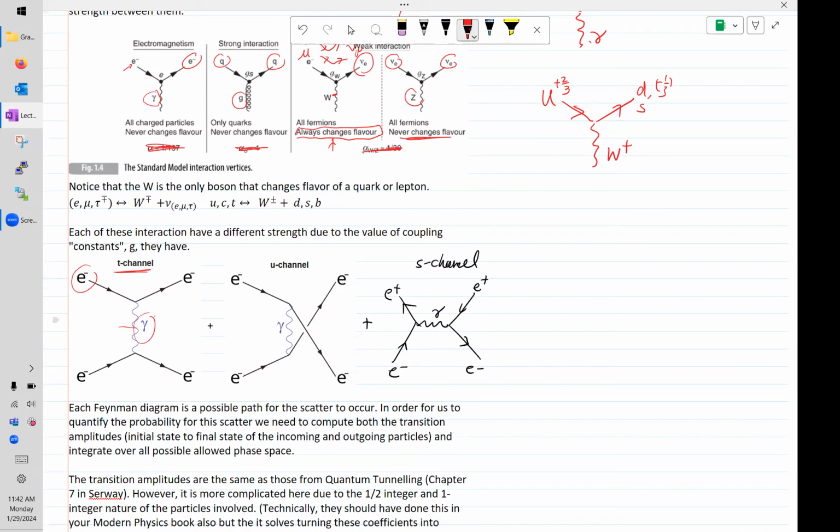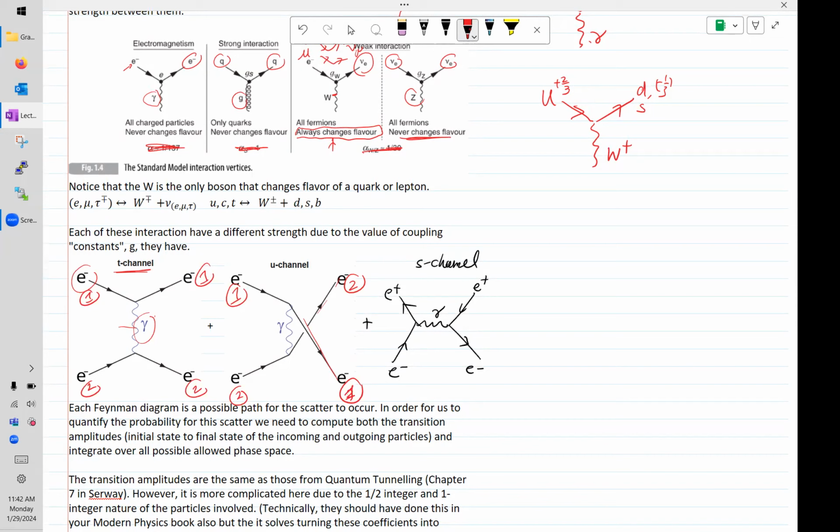But what could happen is that you can also swap the outgoing particles, right? If we call this electron 1, electron 2, right? This is still electron 1, this is electron 2, right? But you can have a case where 1 and 2 come in, but then 1 goes out this way, and then 2 goes out that way. That's actually technically a different diagram, okay?